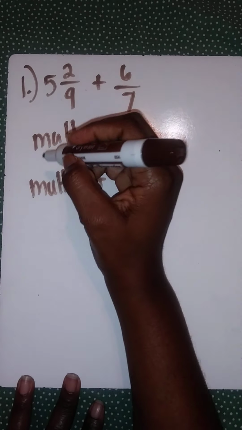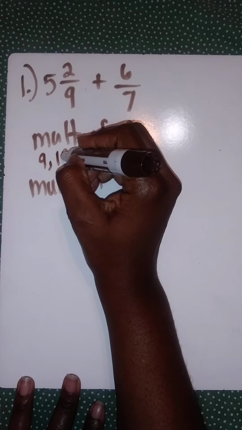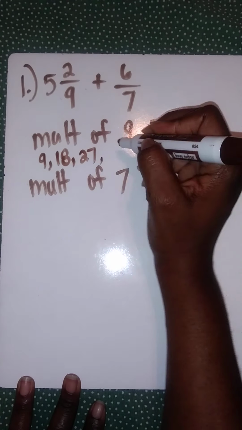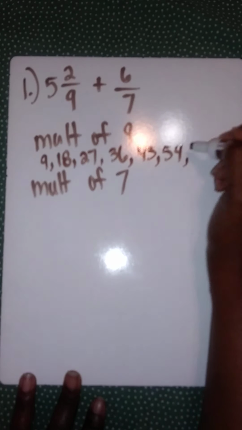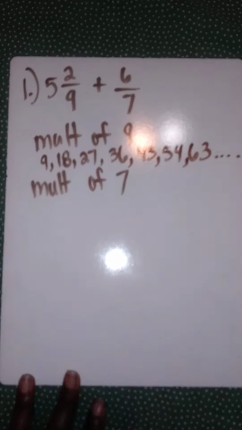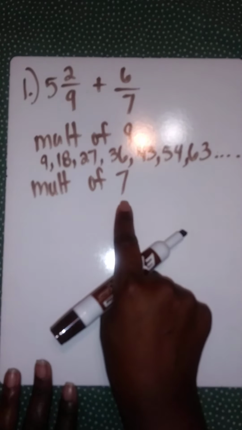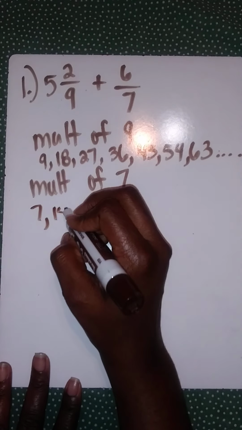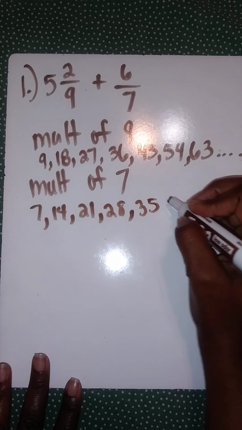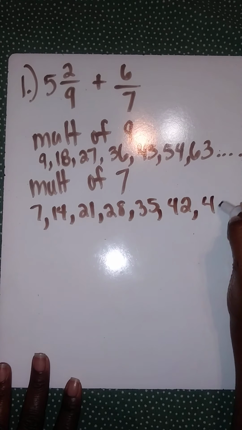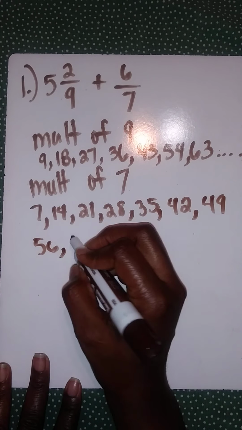Okay, my multiples of 9 are 9, 18, 27, 36, 45, 54, 63, and so on. And remember, your multiples are the timetables, but it's the answer part of the timetables. My multiples of 7 are 7, 14, 21, 28, 35, 42, 49, 56, 63.